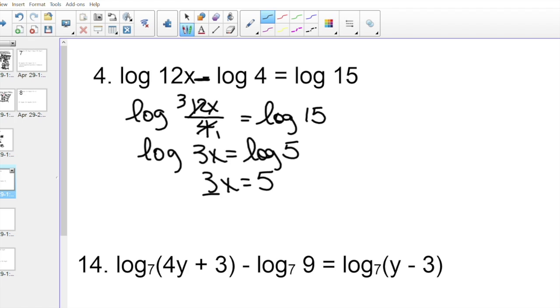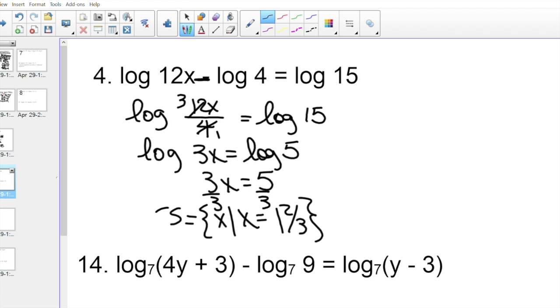And then you divide by 3, and you have x equals 5/3. Proper fraction, we change to a mixed number. Now, that's a positive number, so we don't have to worry about it. Well, we still have to worry about it, but the chances are strong that it works. And so you finish it up with your solution set.